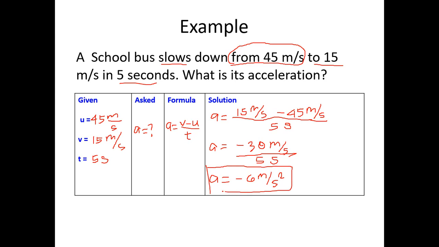Now, if you look at your final answer, there is this negative right there. What is the meaning of this negative number? How is this different from previous problems, which give you positive? Does that mean that this acceleration is negative? The answer is yes, that acceleration should be negative. And what does that mean? If you look at the problem, it says the bus is slowing down. That means from a higher speed to a lower speed.